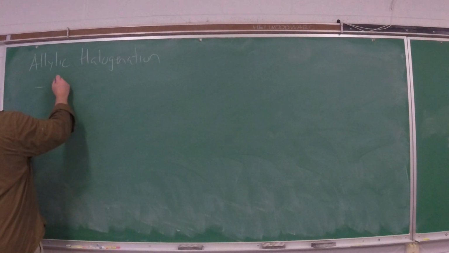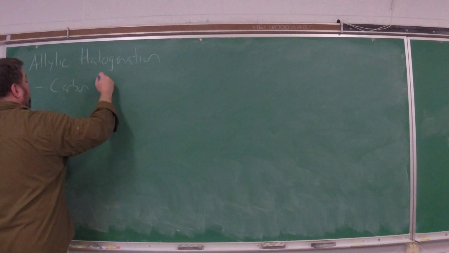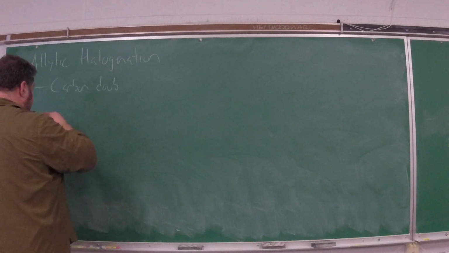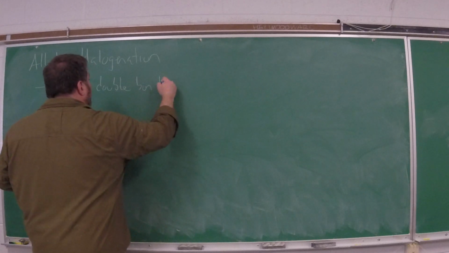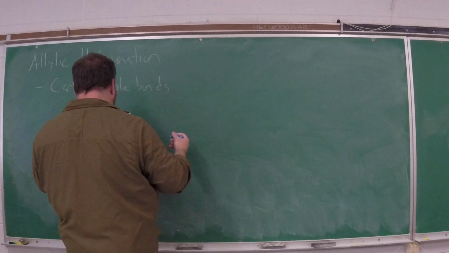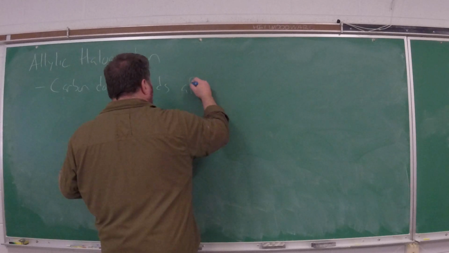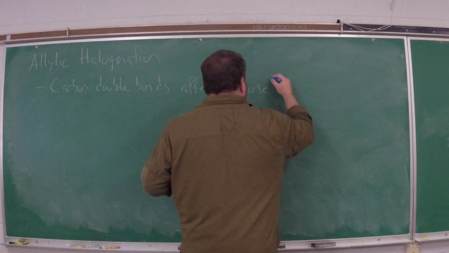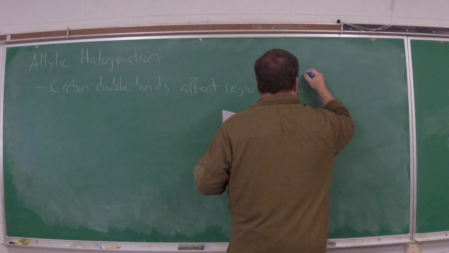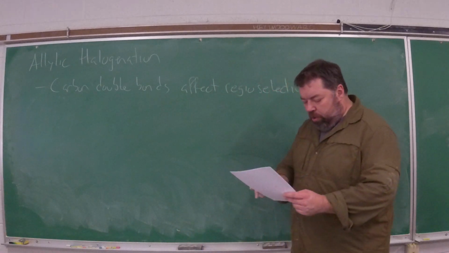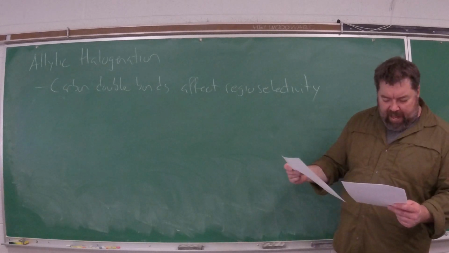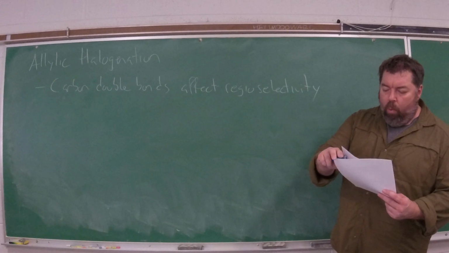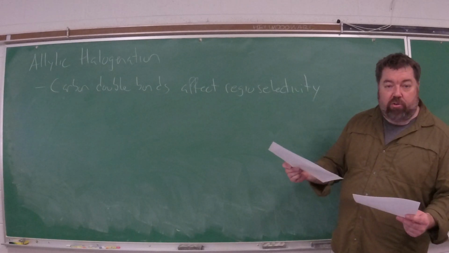Carbon double bonds affect regioselectivity. Mainly because we're going to see that sometimes we can form a resonance structure, right?